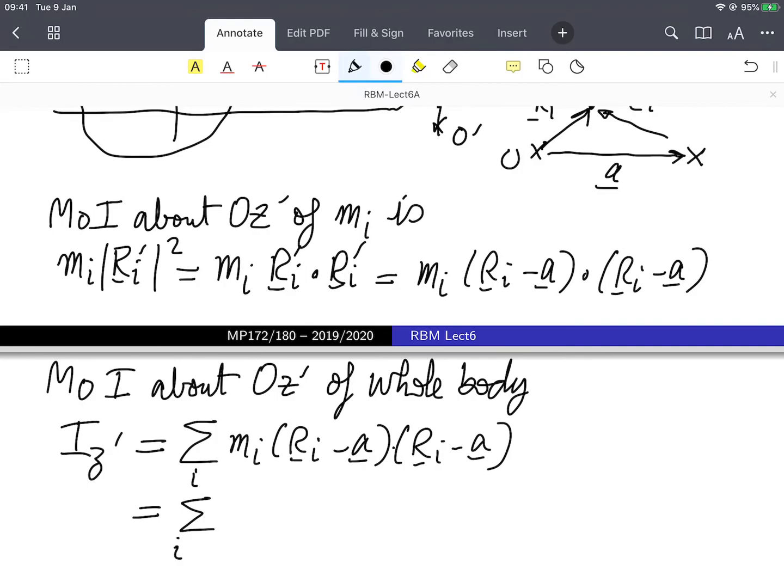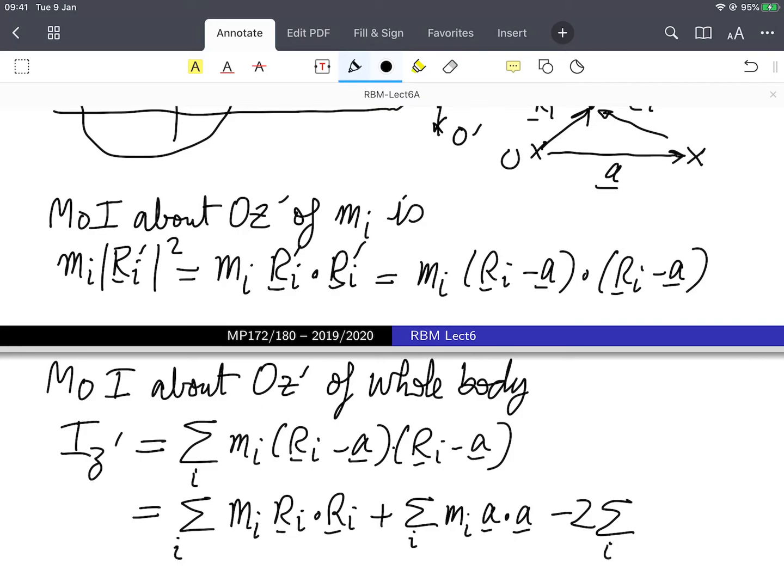Ri dot Ri, so that's nice. I recognize Iz here. Then I'm going to do minus A dot minus A, so that's going to be plus A squared. And then finally I have the cross terms, minus A dot Ri minus Ri dot A. That's twice A dot Ri.